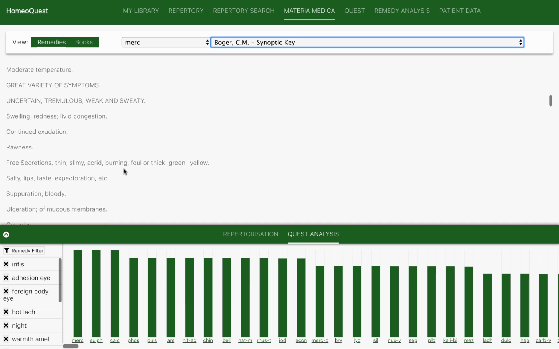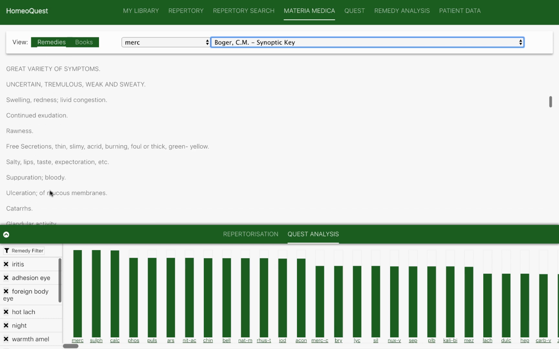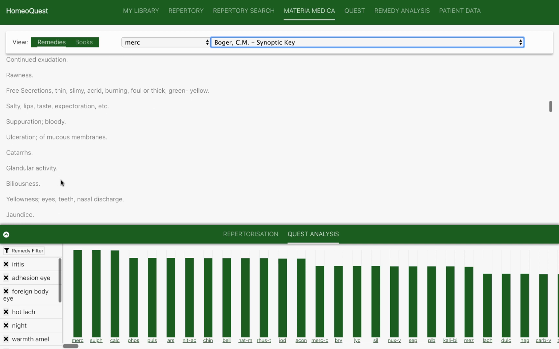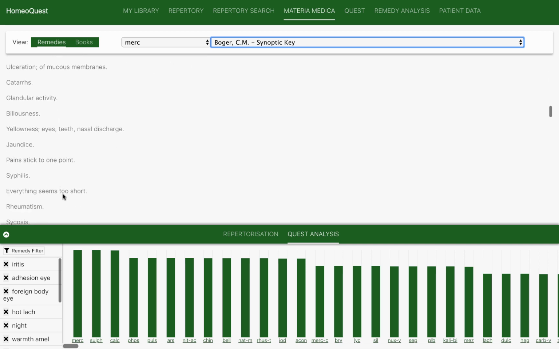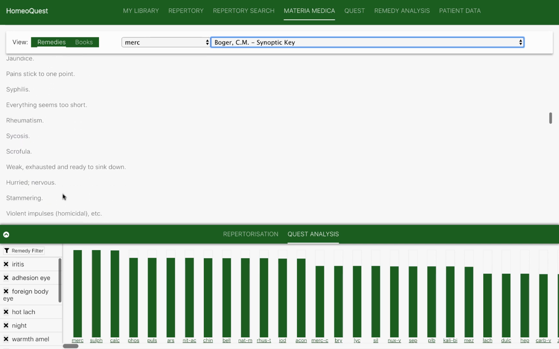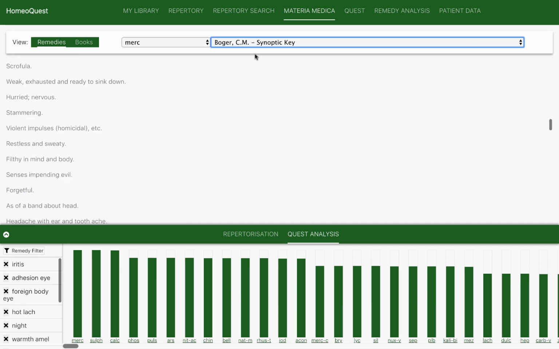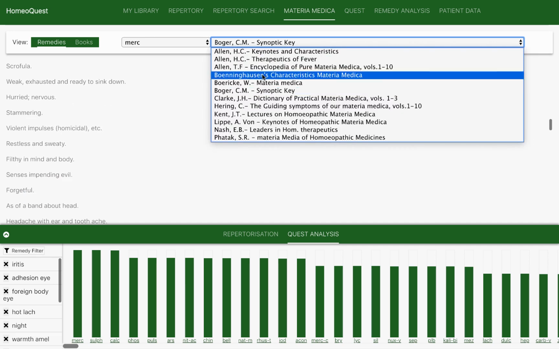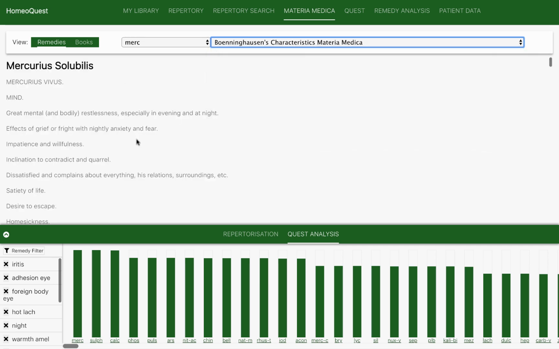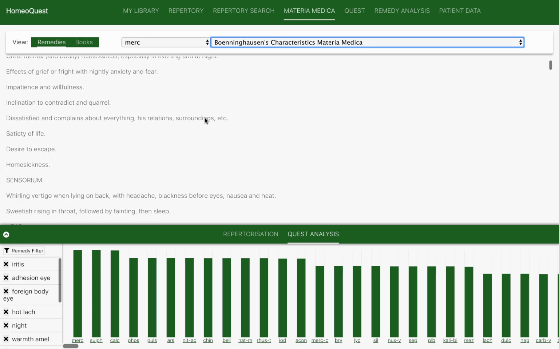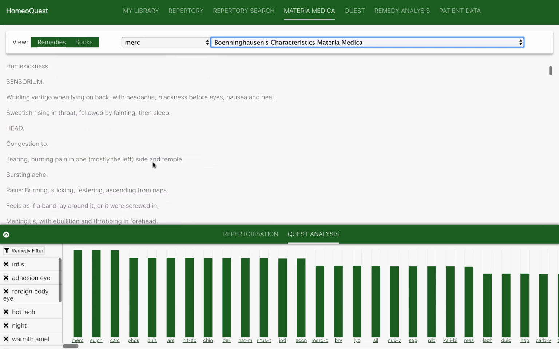They could be foul or thick, suppuration, ulcerations, and so on. That is all related to the eye. What else do you have? In Boenninghausen, you have great mental and bodily restlessness, especially in the evening and the night. Again, that's the confirmation.